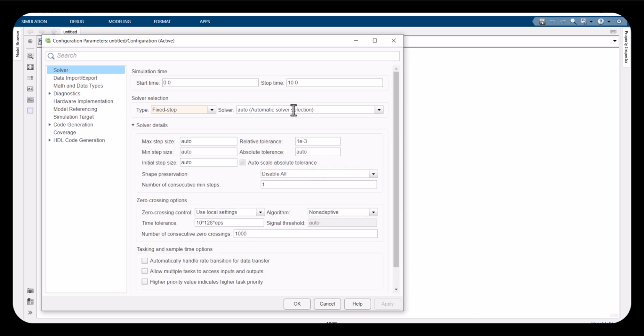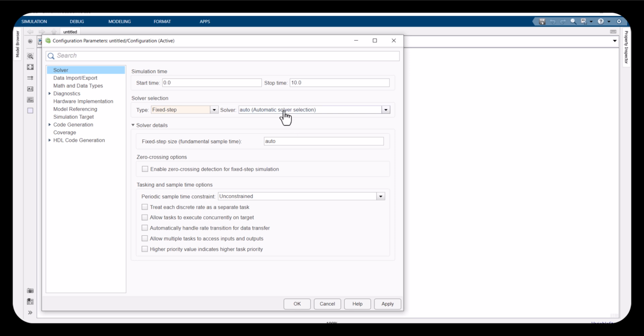Discrete, no continuous states. We'll assign a fixed step size, because normally the controllers available in the market compute the equations with a fixed sampling time.